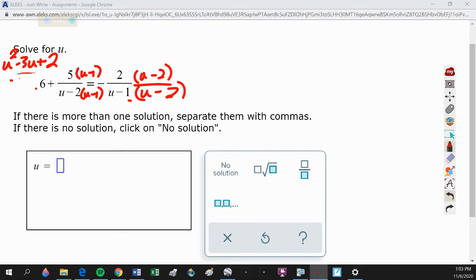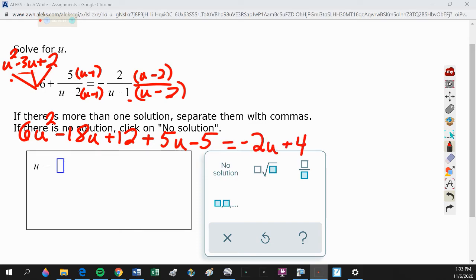So on the left, multiply all of those by 6. 6u squared minus 18u plus 12 plus 5u minus 5 equals negative 2u plus 4. And I need to remember u is not allowed to be 1 or 2.